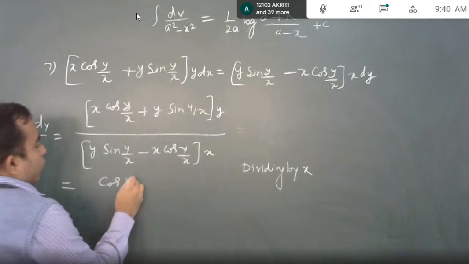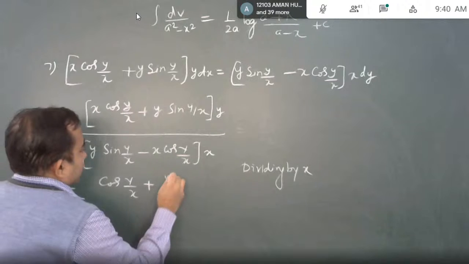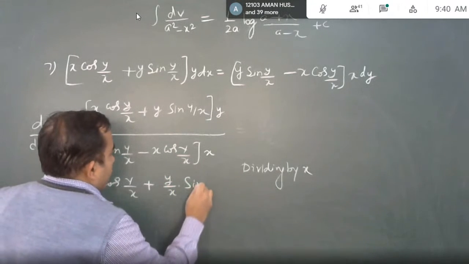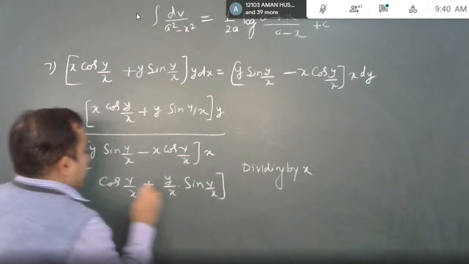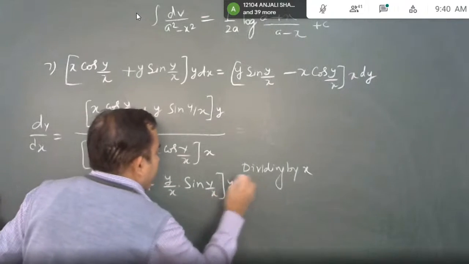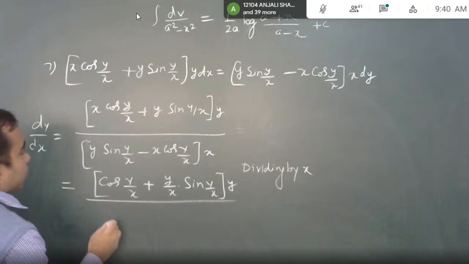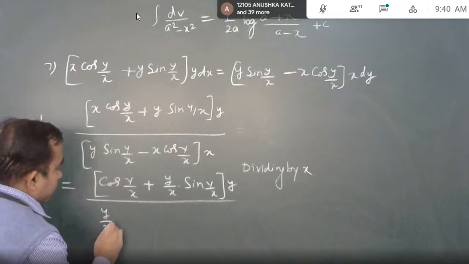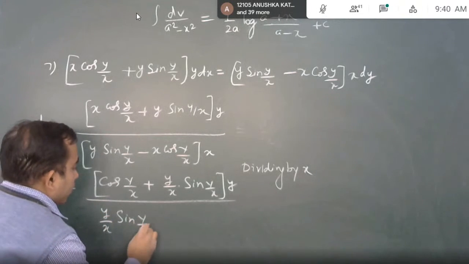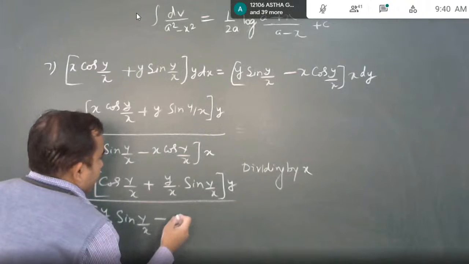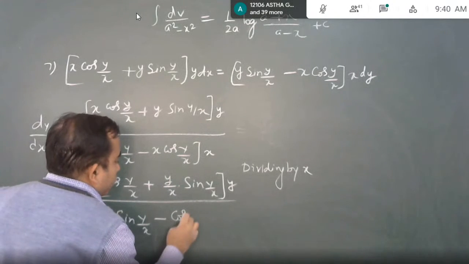And this will give me cos y upon x plus y upon x sin y upon x into y, whole upon y upon x sin y upon x minus, x we have divided so x will be removed, cos y upon x.